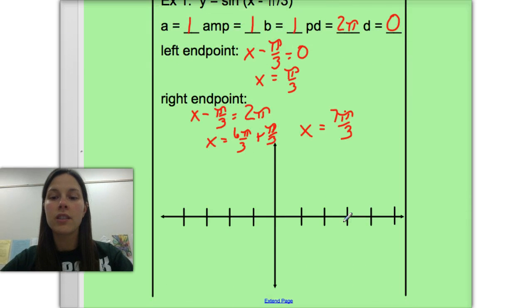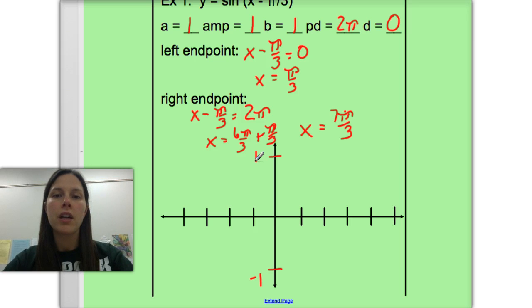So we're going to need to scale our x-axis a little bit differently than we did yesterday. So y-axis, normal, -1 to 1. And what I'm going to do is each of my black slashes on the x-axis are going to represent pi over 2, and I'm going to make new marks to represent pi over 3. So if you think about fractions, when you divide something by 2, you get 0.5. When you divide something by 3, you get 0.3.